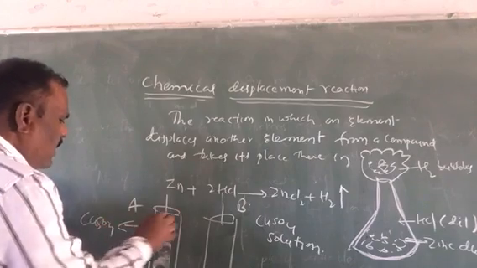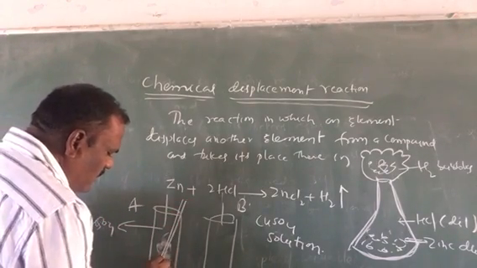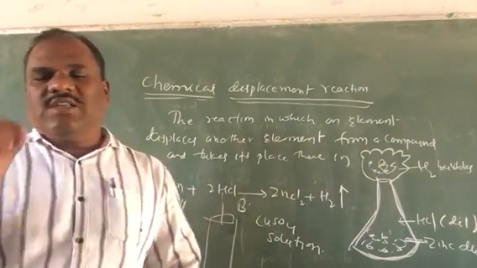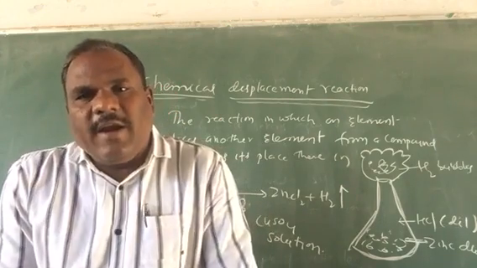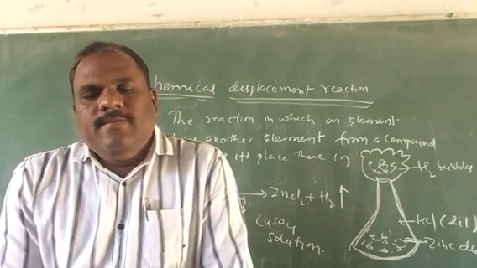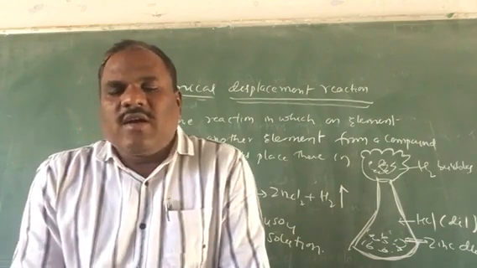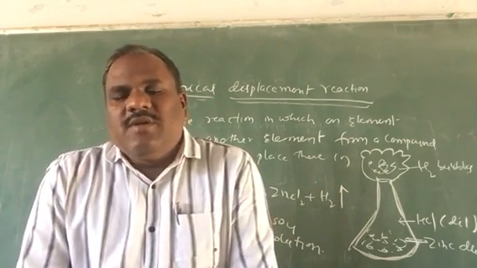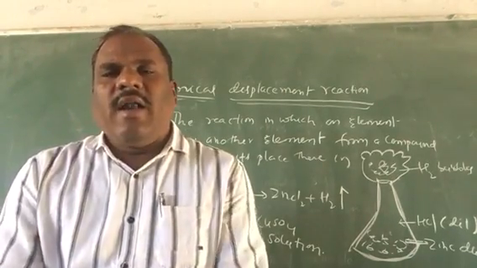Just dip one iron nail in the CuSO4 solution and keep it undisturbed for 20 minutes. Keep the other iron nail aside. Now take out the iron nail from the copper sulfate solution and compare it with the other iron nail that has been kept aside.